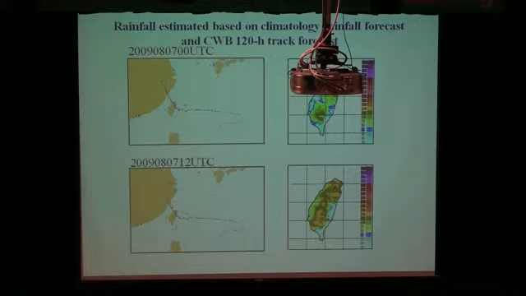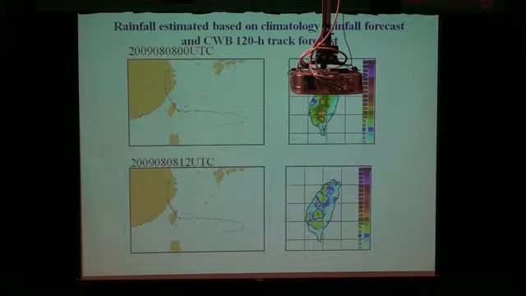But because those results are from the climatology average, you can expect those values to be much less than the actual rainfall of Morakot.